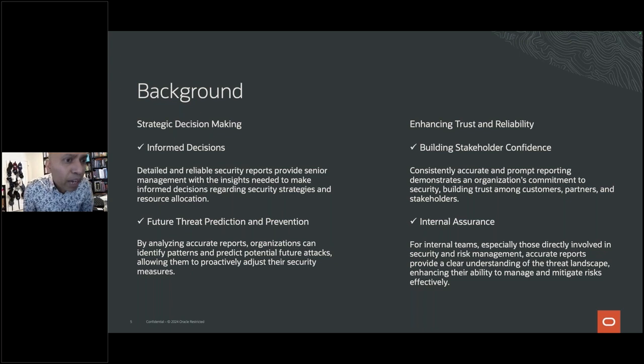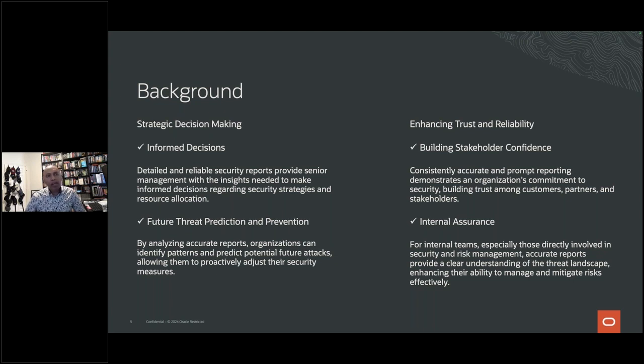Anyways, back to the background on why we need accurate reporting, because it also enhances trust and reliability. Consistently accurate and prompt reporting demonstrates an organization's commitment to security, and it can build stakeholder confidence.